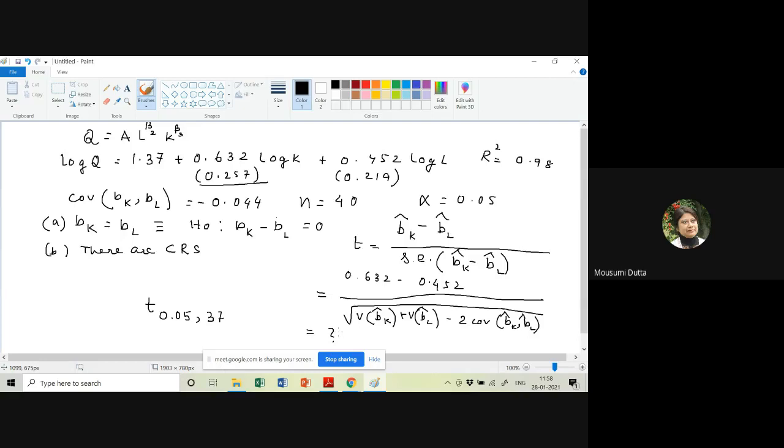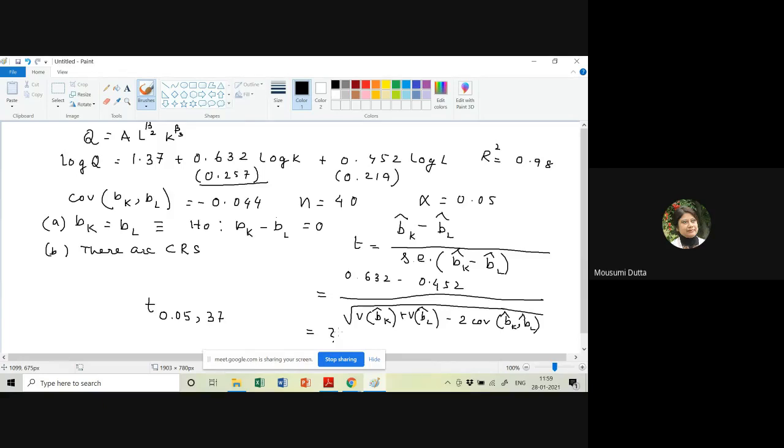Is it okay? Has anyone solved it? So please check, complete this thing.